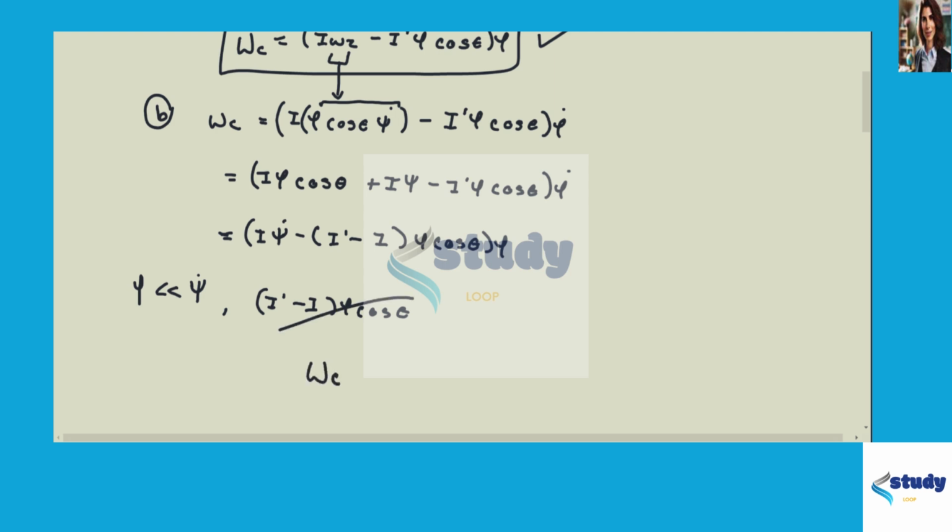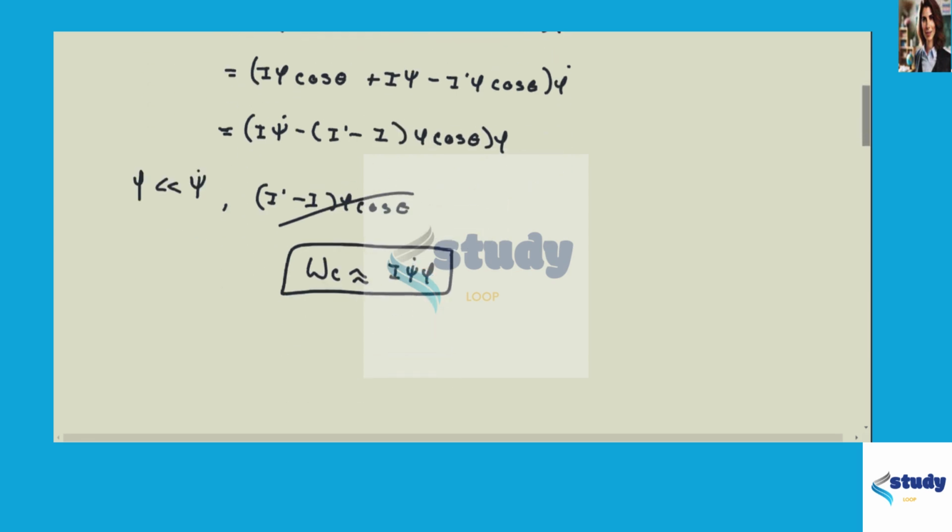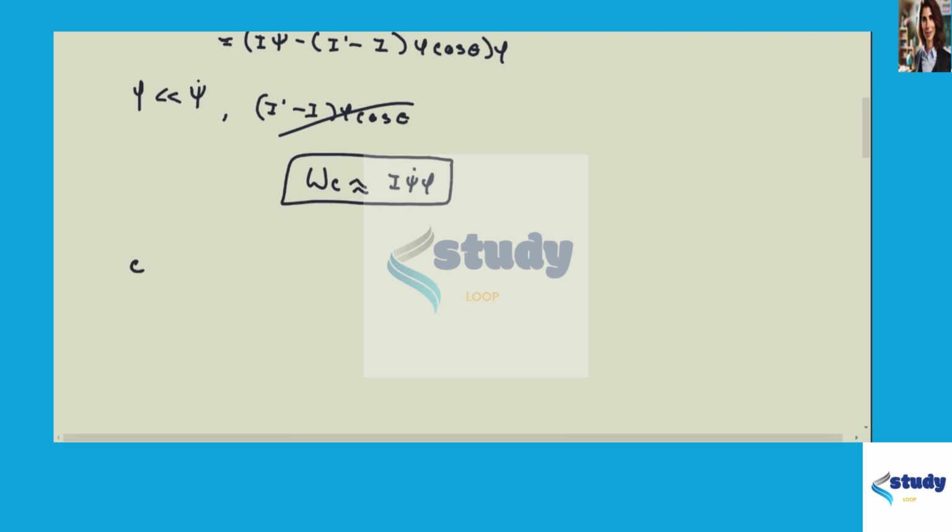So we have your WC is going to be equivalent to I phi phi. Okay? And that's under the two conditions that they gave us in the problem, by the way.